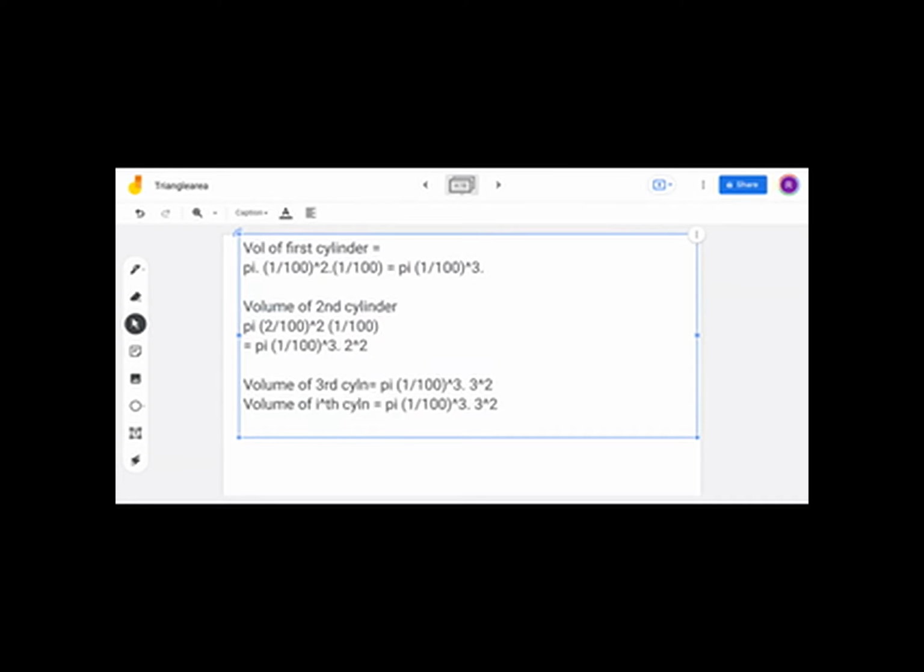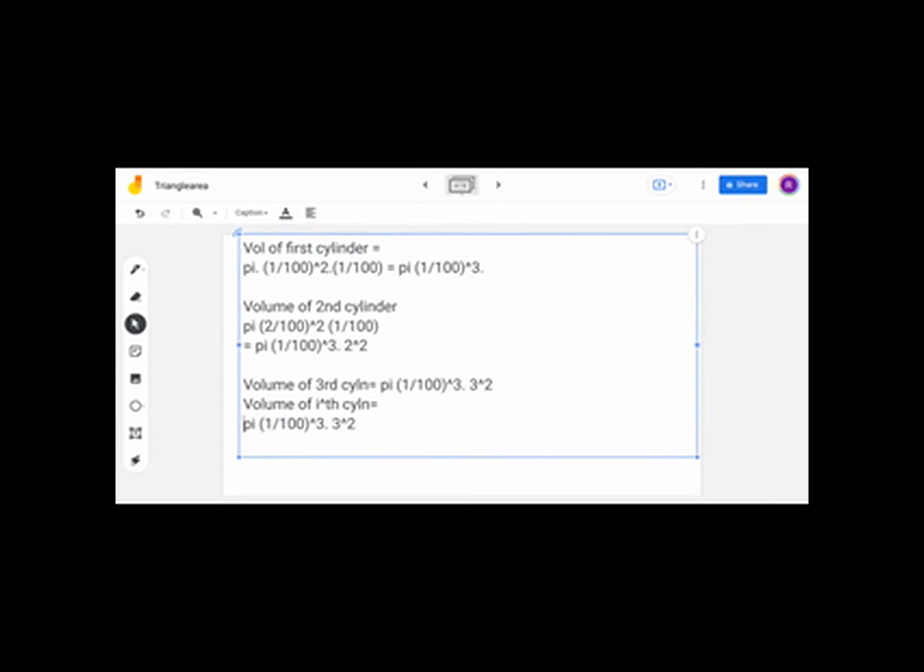In general, for the ith one, what will it be? Pi into 1 by 100, whole cube, into 1 by 100 whole square. The ith cylinder, where i can be from 1 through 100. So for the ith one, how much will it be?